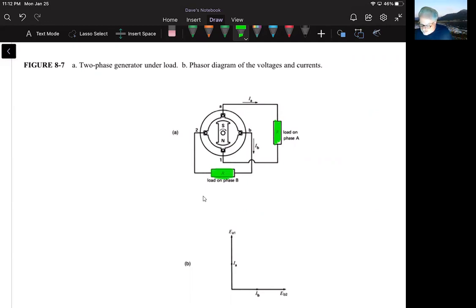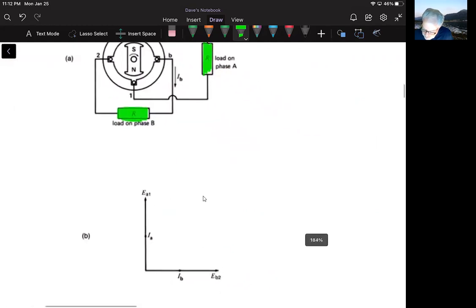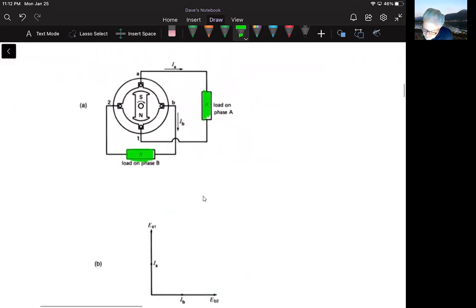What we're going to look at first is the designations that we're working with. The voltage is EA1, and the current associated with EA1 is IA. We can see from this slide that the voltage and the current are in phase since this is a resistive load.